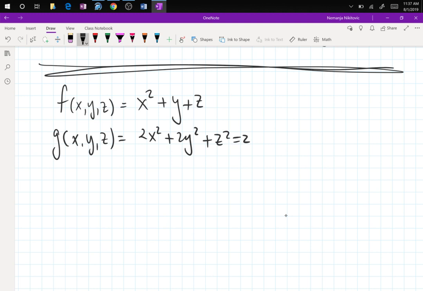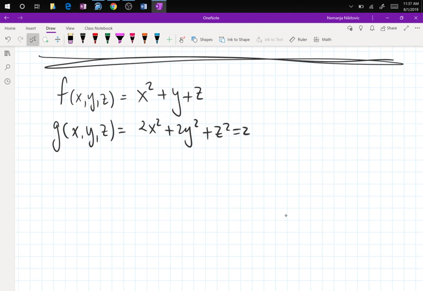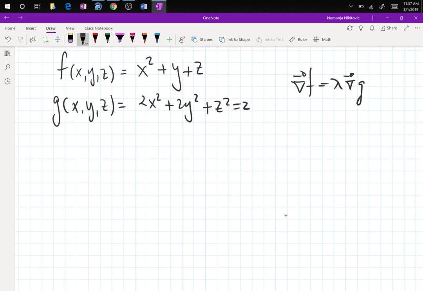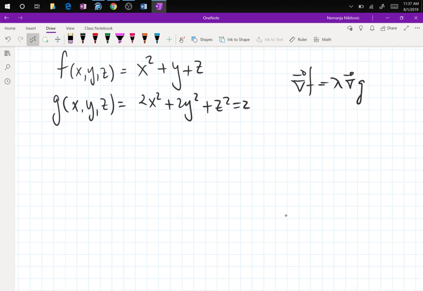2x squared. Okay. So del f equals lambda del g, and I have f, so the partial for x is 2x, partial y is 1, partial z is 1, equals lambda, partial x is 2... this g was supposed to say minus 2 equal to 0, oops.